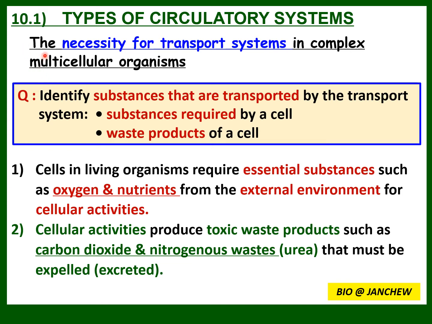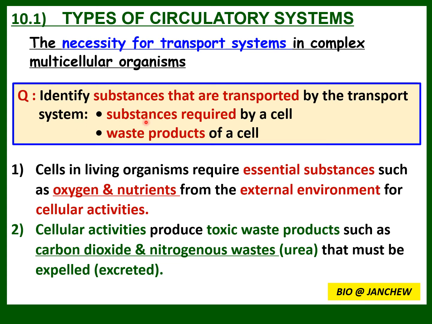Right, the first part is to discuss the necessity for transport systems in complex multicellular organisms that are large. So the first learning outcome is you must be able to identify substances that are transported by the transport system in organisms.